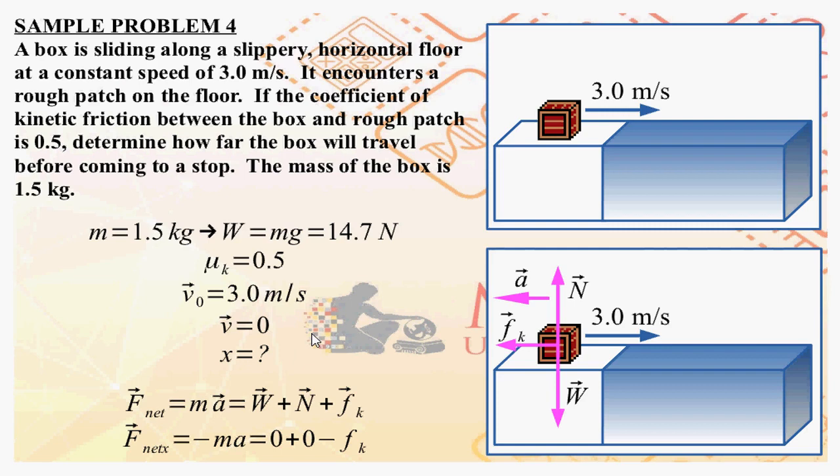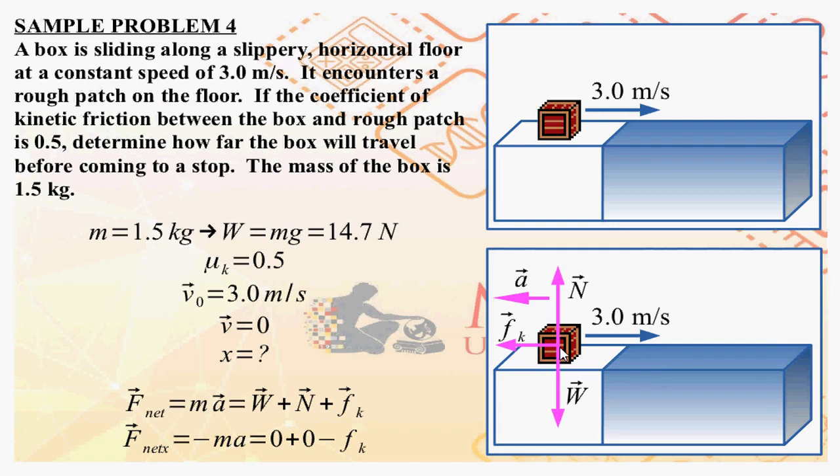We have a drawing of the system. So, identify the forces present in the system. The box has mass, so it has weight vertically downwards. Because of the weight, the box is pressing into the horizontal floor.